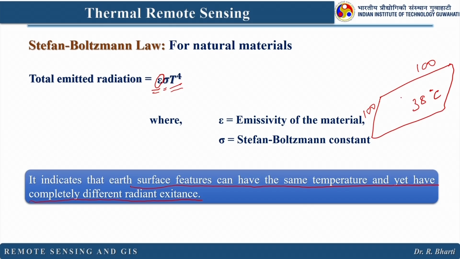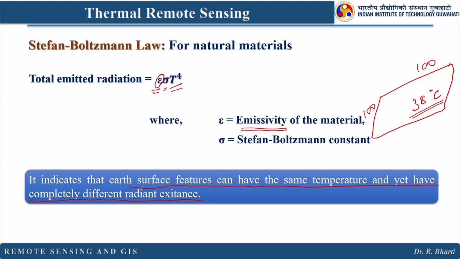In that case, can we assume that this 100 by 100 kilometer area consists of the same material? In nature it is impossible. But though we are having the same temperature, why? Because they are maintaining the equilibrium with each other and they are emitting the energy. So if we go without this emissivity factor, that means all materials will become the same, right, but that is not there.